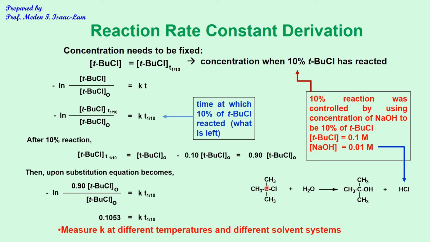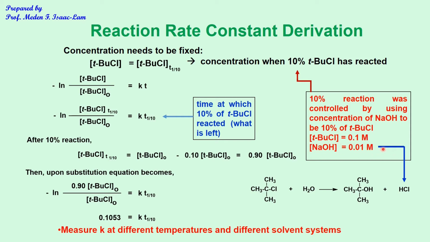So when 0.01 molar of the tert-butyl chloride, which is 10% of the initial, is converted to hydrochloric acid, which is now 0.01 molar, 1:1 equivalent, so 0.01 molar producing 0.01 molar, which is equal in concentration to the base.